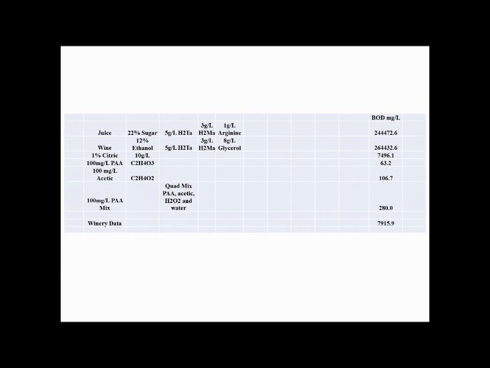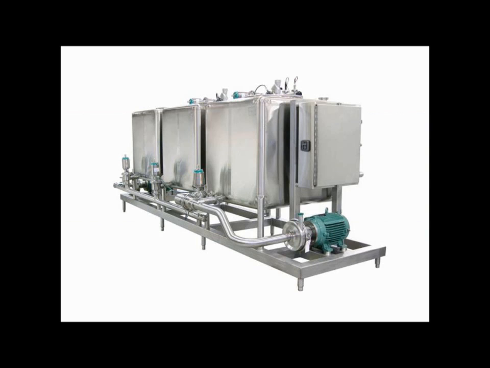Just want to show you here that 100 milligram per litre of peracetic is going to give you a BOD of about 63. When we put it into PAA mixes, which you commonly buy, it's more like 300 milligram per litre. Now, compared to things like citric, that's a heck of a lot better, but it's still got a significant BOD load. And if we could choose a chemistry which didn't have that, that's why peroxide is so attractive.